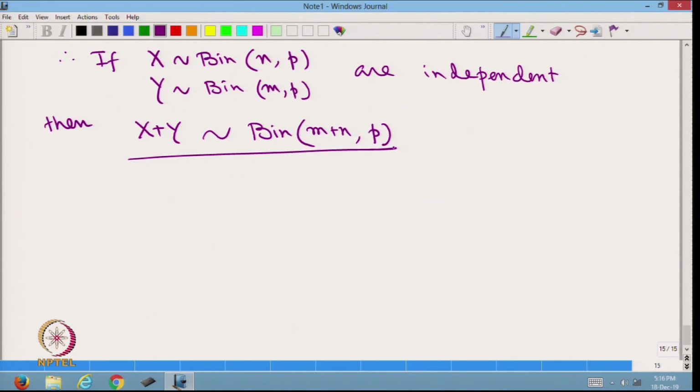That is an important result. However, you have to remember that the p has to be the same, the probability of success has to be the same. In that case, the sum of two binomial random variables, if they are independent, is going to be a binomial with the first parameter being the sum of their individual values.